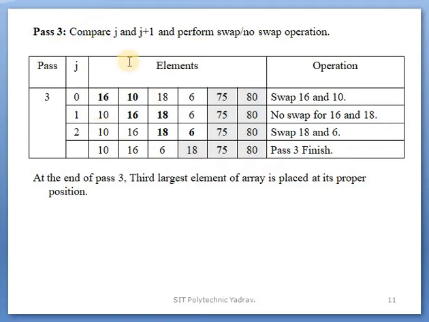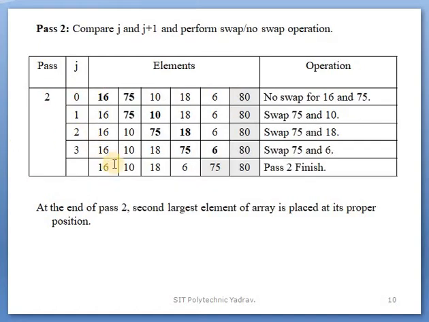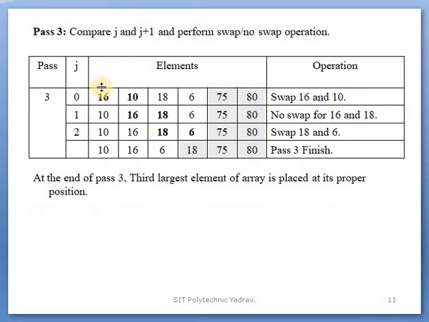In pass number 3, the same compare of j and j plus 1 is performed, with a swap or no swap operation. In that, these numbers are taken, since the last ones are already sorted. Okay, in that, also the same: the 0th position is compared with the first, the first with the second, the second with the third. This is not compared again because these are already fixed. So 16 is compared with 10. 16 is greater than 10, so swap 10 and 16. After that, the next numbers stay as they are, write them down. In the second position, is 16 greater than 18?